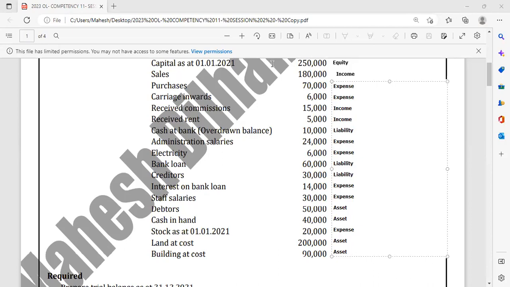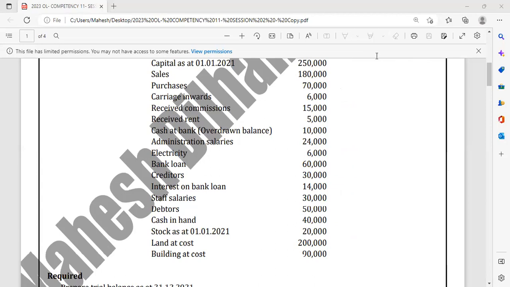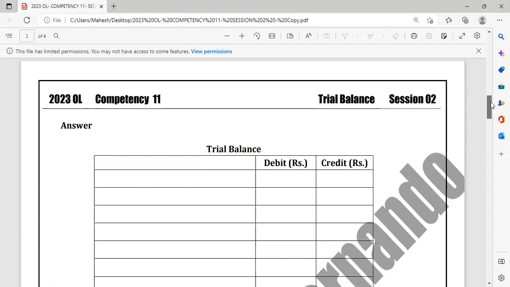So have you done this? Pavani, Resen, Shanuka and Sanuka, have you done this? Right, good, good. Now, turn to the next page, please, where I have given the format of a trial balance. It's very simple.